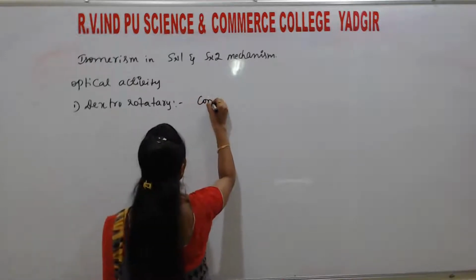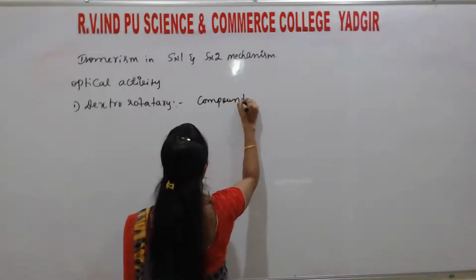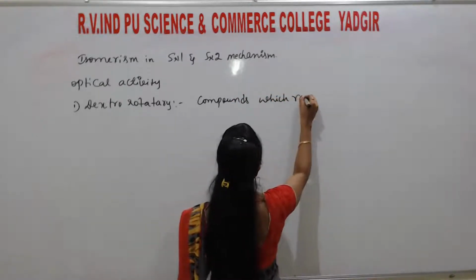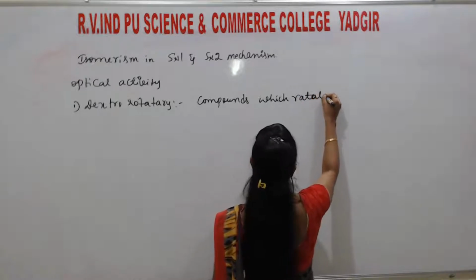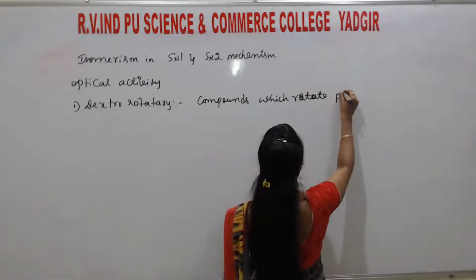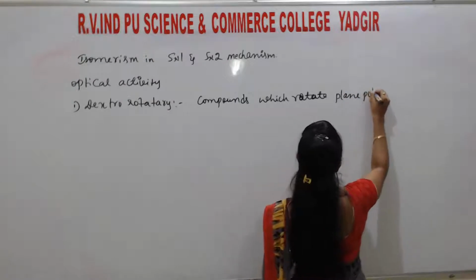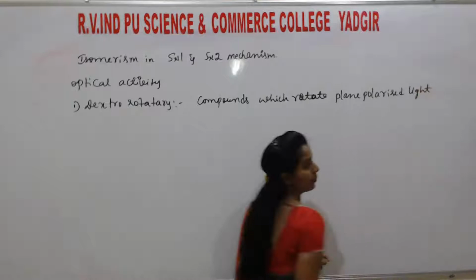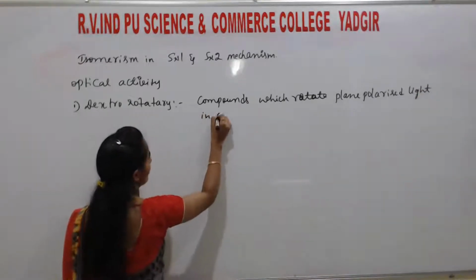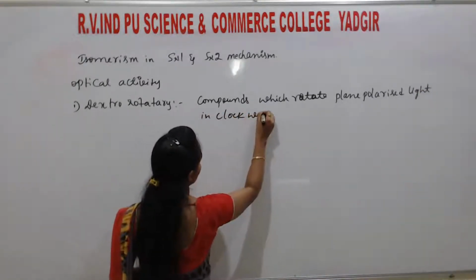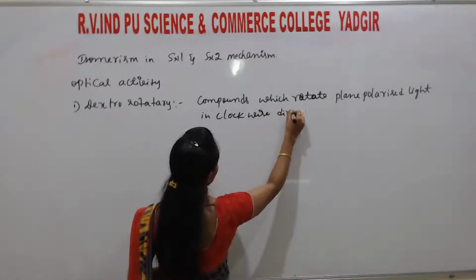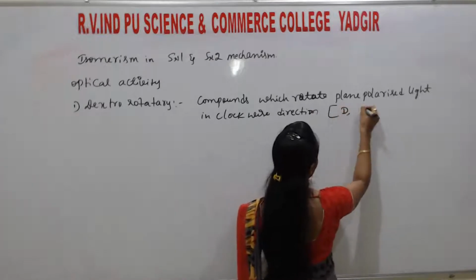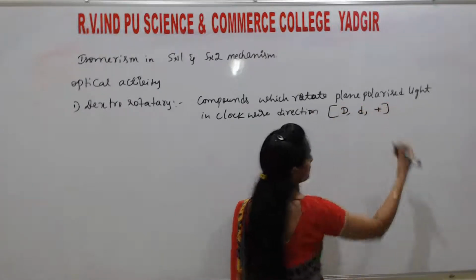Isomers are the compounds which rotate plane polarized light in the clockwise direction. They are represented by capital D or small d or plus.